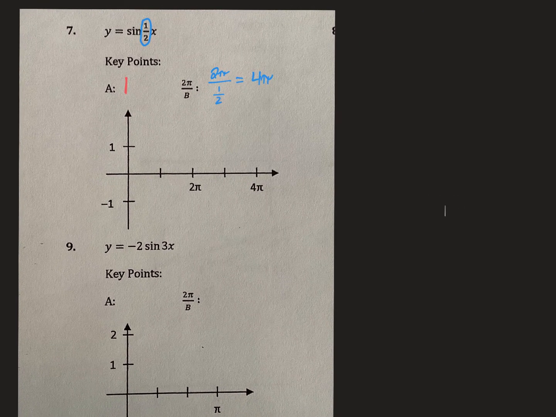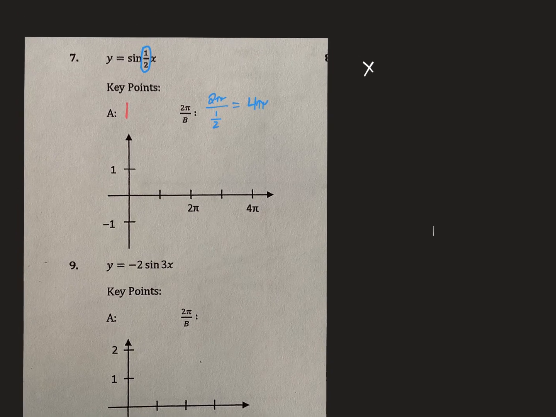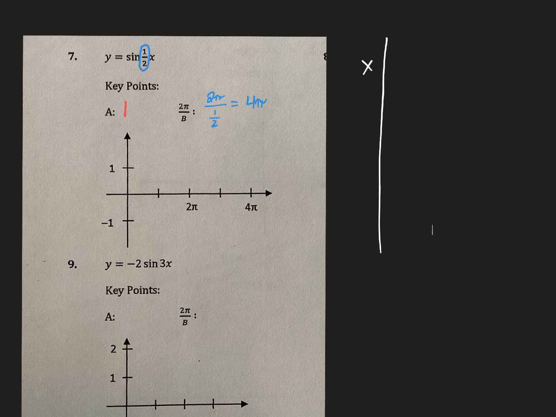I'm going to do my chart over here. Oh, so at the end of the chart, that's what it will be? Yeah. I'm going to add another row to my chart this time. Because, look, we're doing sine of 1/2 x. Since the 1/2 is here, we have to multiply the x before we find our sine or cosine.